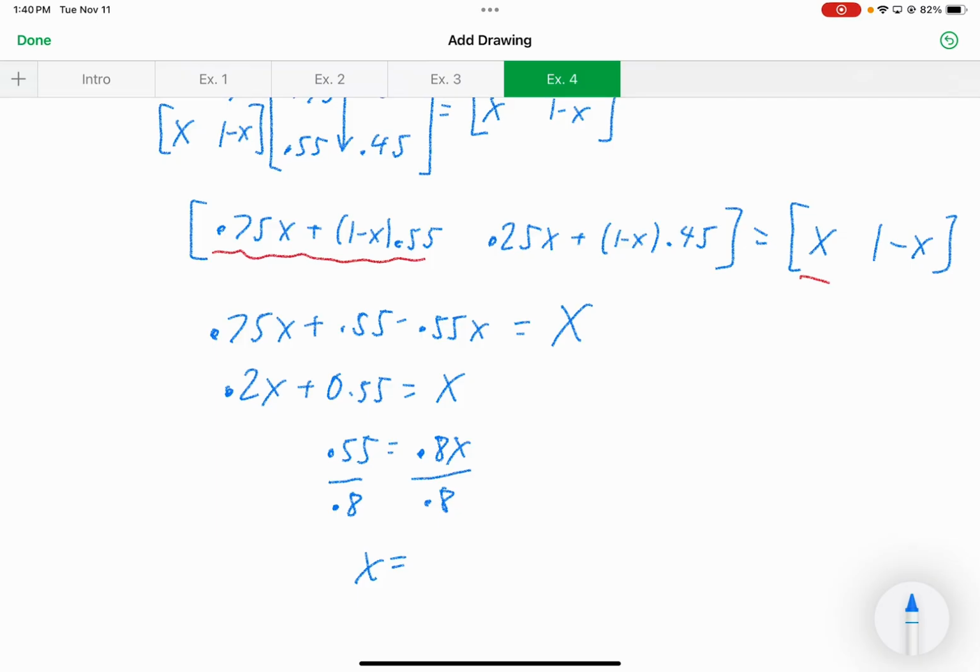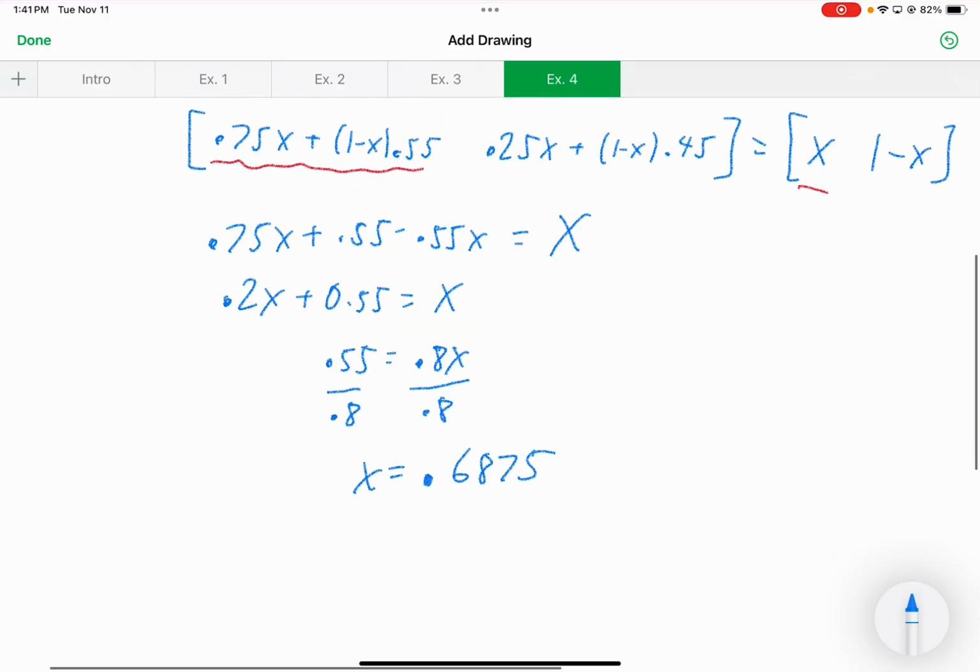We said 5/8. Check that. Oh my gosh, no. It's 0.6875. Nice. So close.